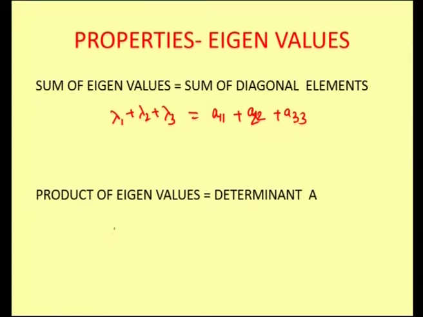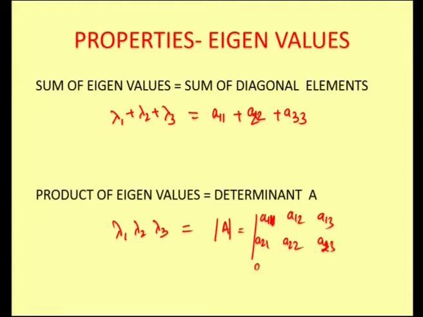And the product of eigenvalues, lambda 1 into lambda 2 into lambda 3, is equal to the determinant of the 3 cross 3 matrix A with entries a11, a12, a13, a21, a22, a23, a31, a32, a33.